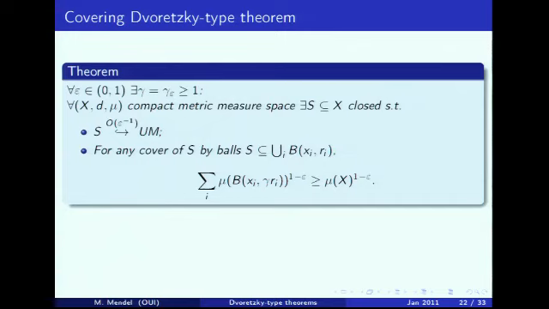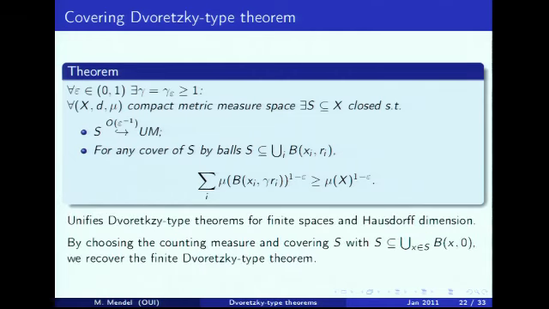So it's a little bit complicated, but it unifies both the finite Dvoretzky theorem and the Hausdorff version into one theorem. Let's see it. So first of all, this is actually a generalization of the finite metrics, of the finite space.